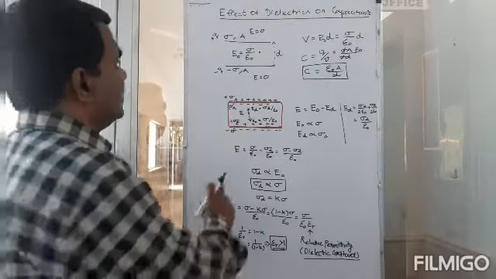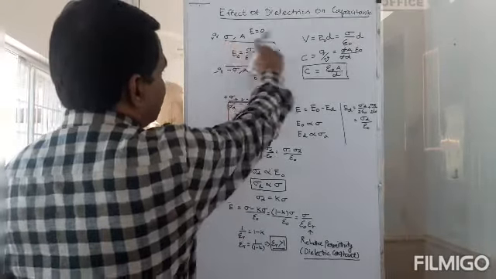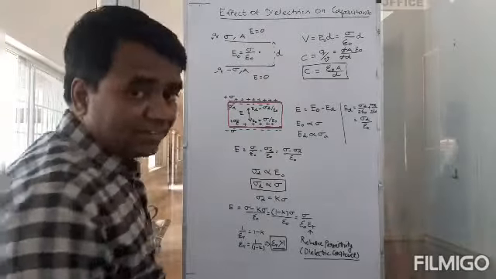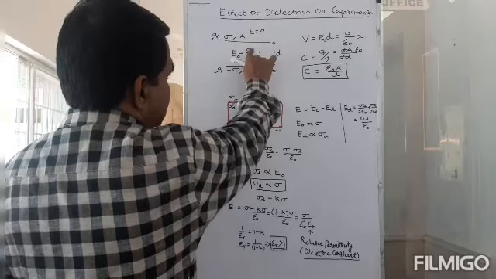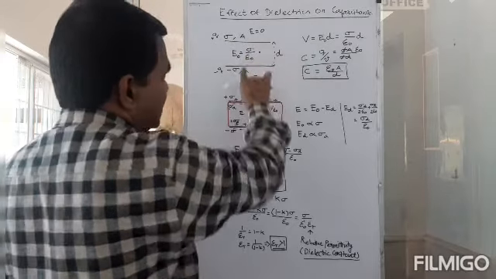Notice that here, when you didn't have the dielectric, the field between the two plates of the conductor was sigma by epsilon naught.